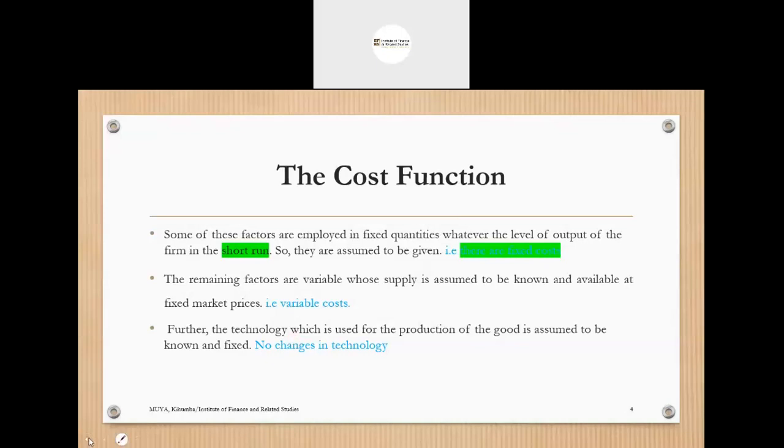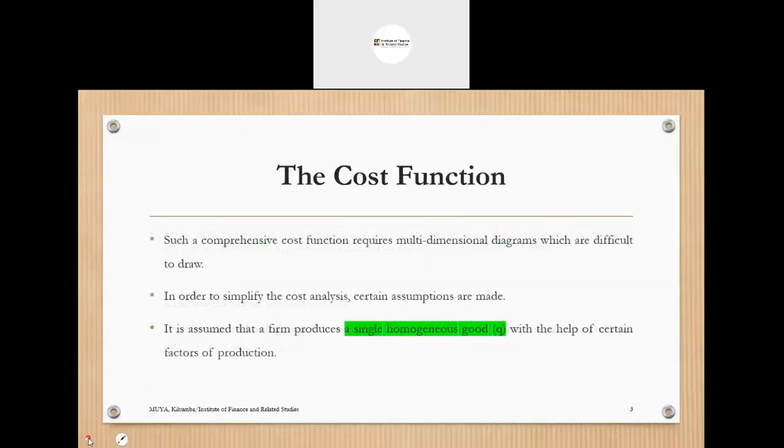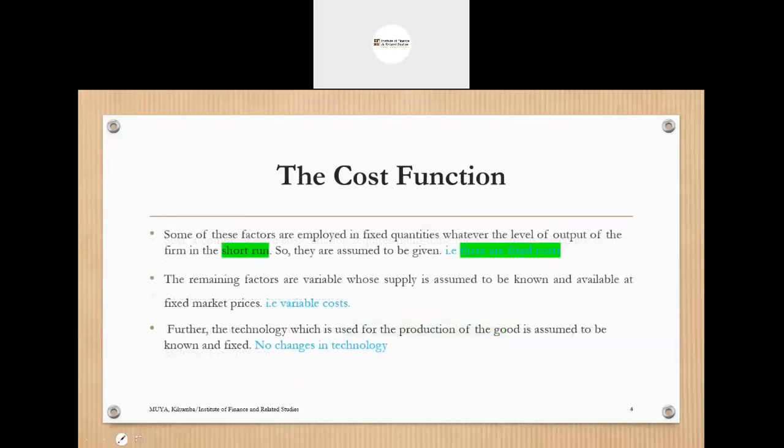So when we are looking at the cost function in the short run, we make certain assumptions. One, there's a single homogeneous good being produced, which we shall denote as Q. Two, it is a short-run situation, and as such, there are some fixed costs.